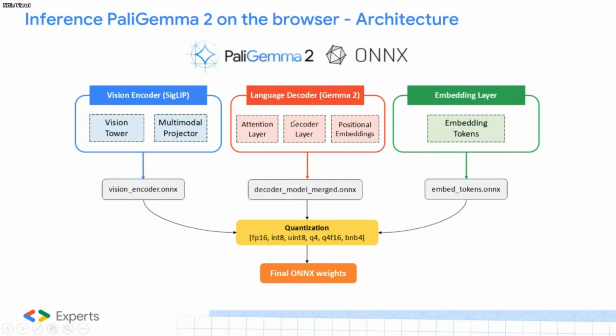Similarly, we did this for the language decoder. The Gemma 2 model had attention layers, the decoder layer, and the positional embeddings. Positional embeddings I can explain quickly. For example, for the sentence "I love dogs," I is a token, love is a token, dogs is a token.